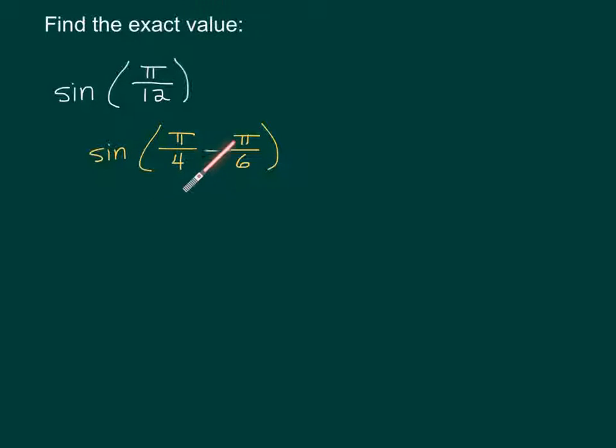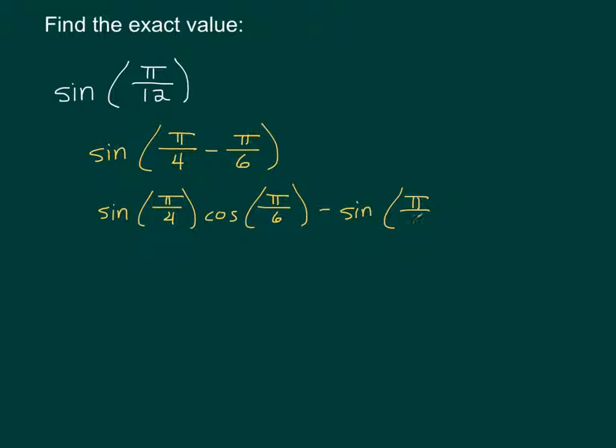This is 2 pi over 12. 3 pi over 12 minus 2 pi over 12 is 1 pi over 12. Using our formula, we've got sine of pi over 4, cosine of pi over 6, minus sine of pi over 6, cosine of pi over 4.